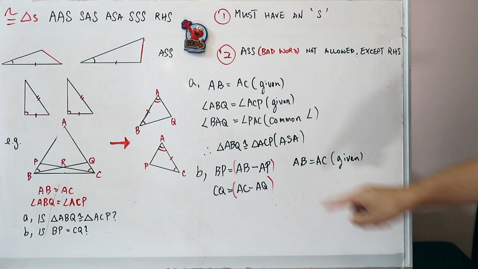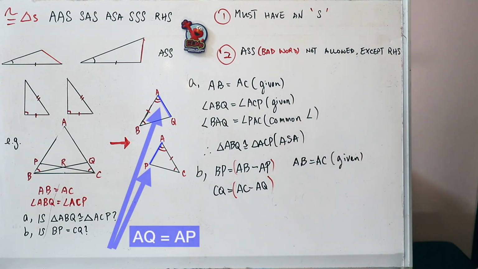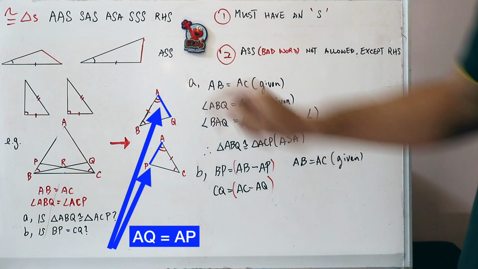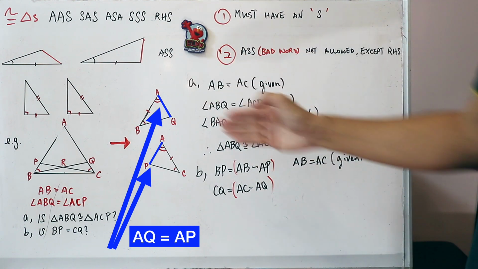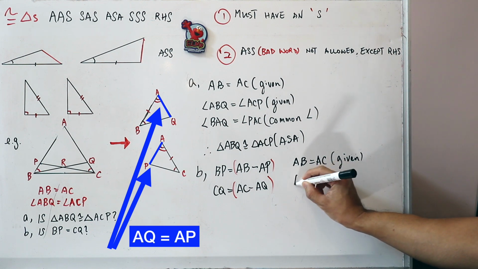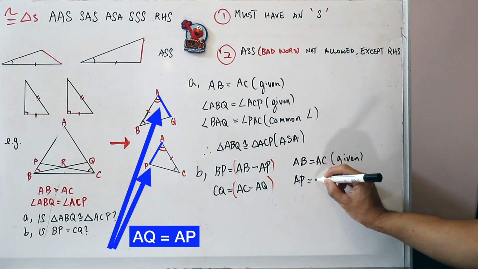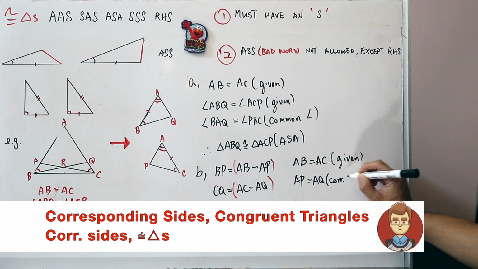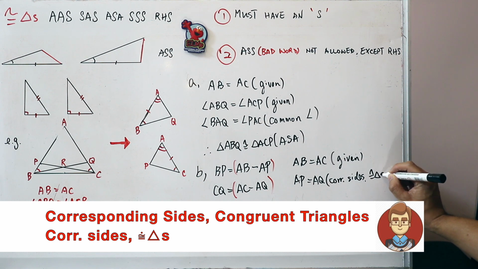We also know that AP is equal to AQ. AP is this side here, AQ is this side here. Because they are corresponding sides of two congruent triangles, they are the same. So AP is equal to AQ, and the reason is corresponding sides, congruent triangles.